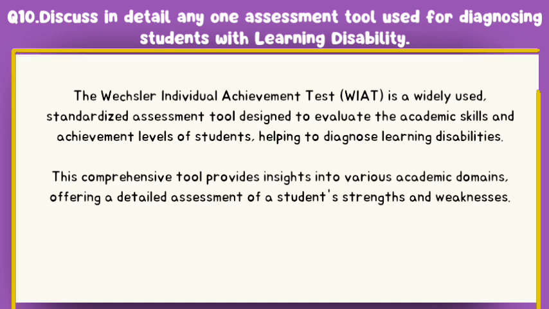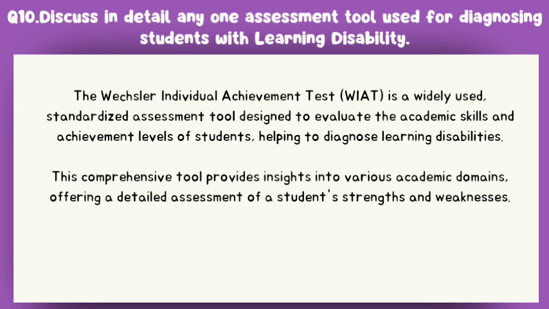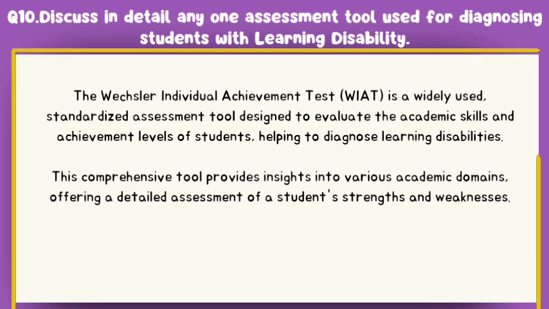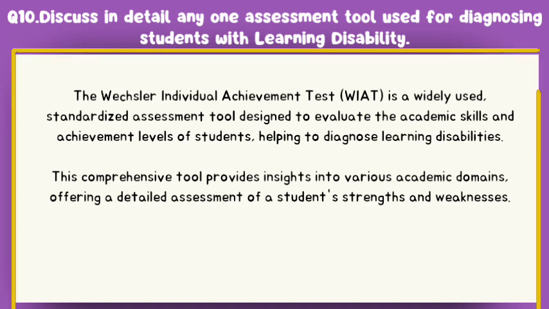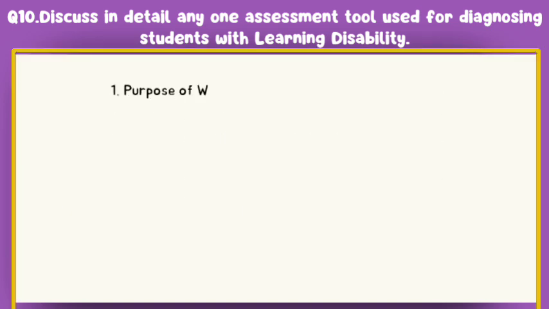This is a widely used standardized test tool designed to evaluate the academic skills and achievement levels of students, helping to diagnose learning disability. This comprehensive tool provides insight into various academic domains, offering a detailed assessment of a student's strengths and weaknesses.